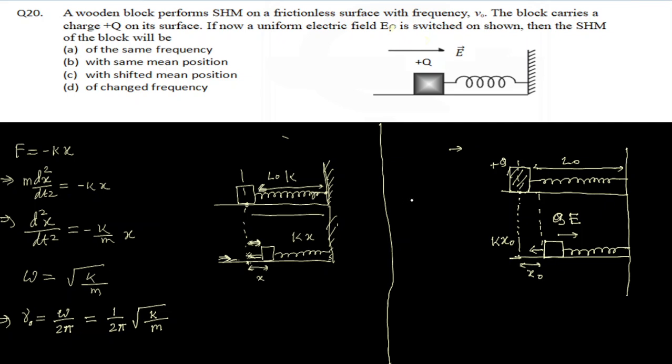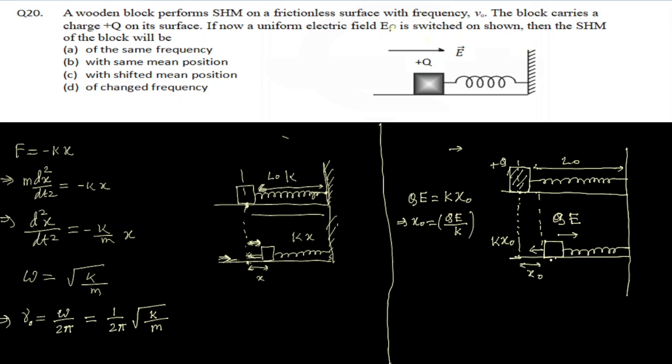So at what position will the block be at rest? When Q into E is equal to K into x0. So we can find x0. x0 will be Q into capital E divided by K. So this new position, where before applying the electric field its equilibrium position was at a distance L0, but after applying the electric field this equilibrium position will shift.